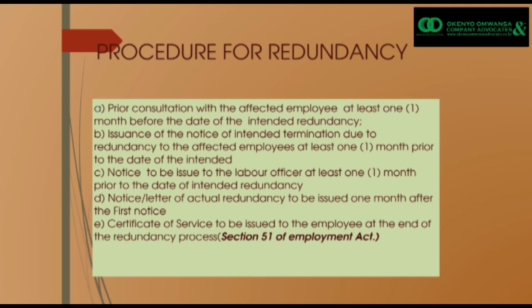This notice, kindly note, should be served also to the labor office of the designated place where the company is located. And if employees are also members of a trade union, the trade union should be served with the same notice. Kindly note that after this notice, it is now when you issue a letter of the actual redundancy, and it should be issued 1 month after the first notice.